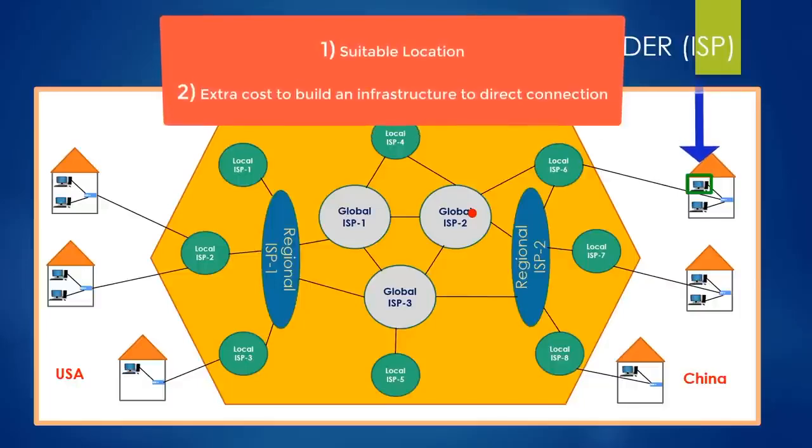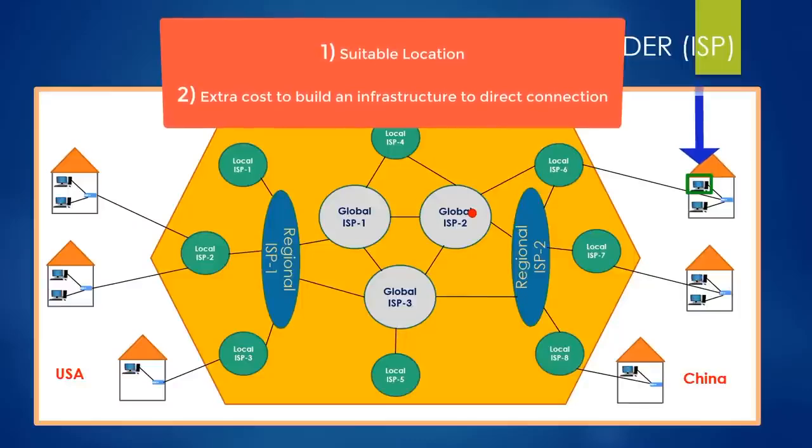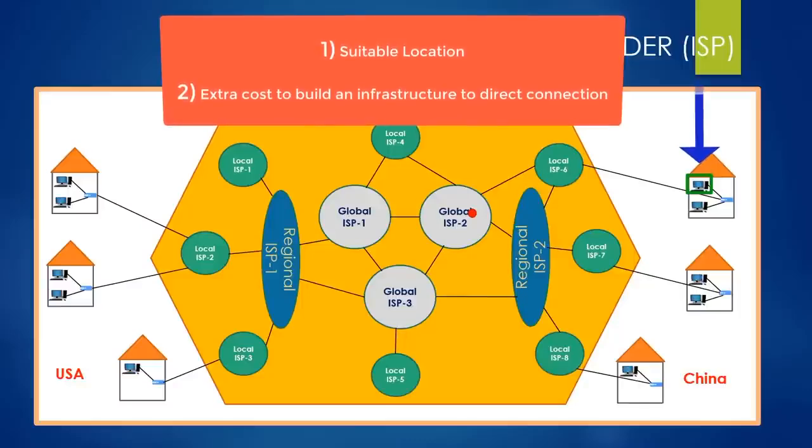Actually, there are two ways for this kind of connection in general. If a local ISP connects directly with a global ISP, its location can be very suitable for this purpose. I mean, the related global ISP can already have an infrastructure at this location. However, if the related global ISP doesn't have an infrastructure in this location, a lot of extra money must be paid for this connection by the local ISP company to the global ISP company.